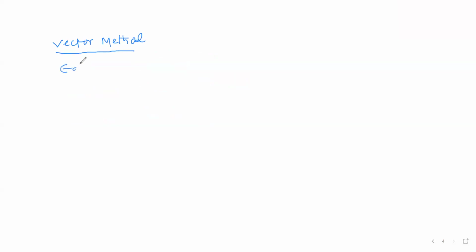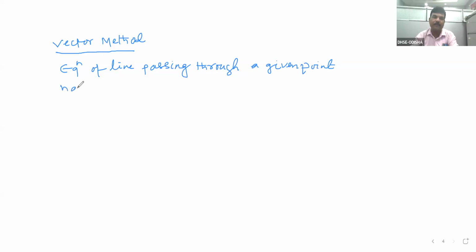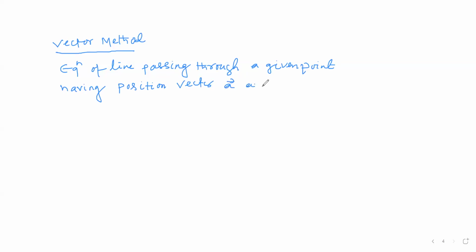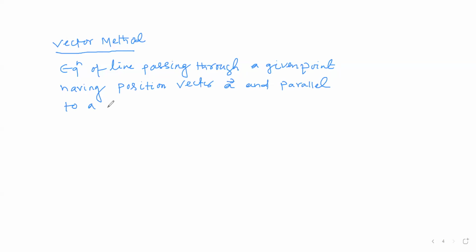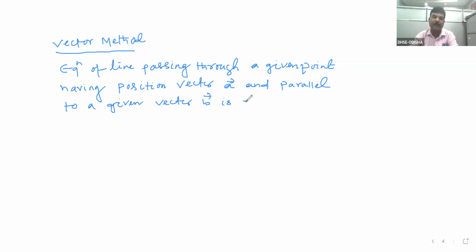Equation of line passing through a given point having position vector a bar and parallel to a given vector b bar is given by r is equal to a plus lambda b.